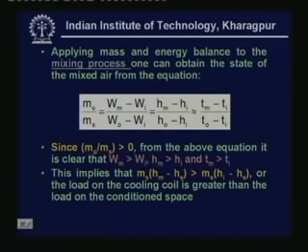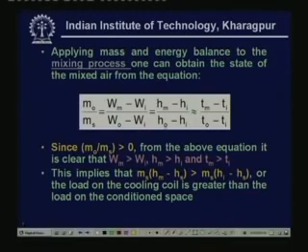This is also equal to the enthalpy ratios. If you assume that the specific heat remains constant, this is also approximately equal to the temperature ratios. Since we know Wi and Wo, you can find out Wm. Similarly, we know Hi and Ho, so we can find out Hm. Similarly, we know Ti and To, so you can find out Tm using this equation.